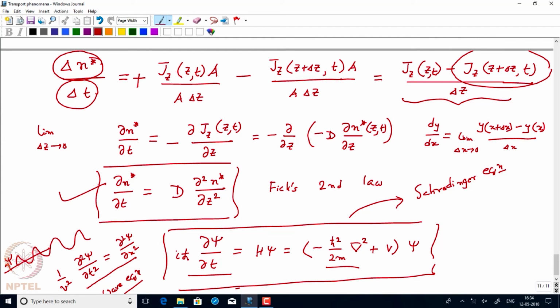So we'll stop the discussion here, and in the next section we'll be talking about the transport properties of ions, which will use a slightly different treatment, because for ions there is a lot of electrostatics involved. Whatever we have studied, the diffusion coefficient, thermal conductivity, although thermal conductivity is not very necessary for our discussion, and viscosity, particularly diffusion, will be important when we discuss reaction dynamics in solution.